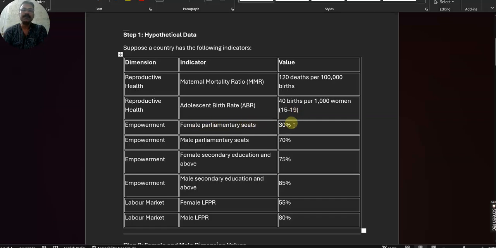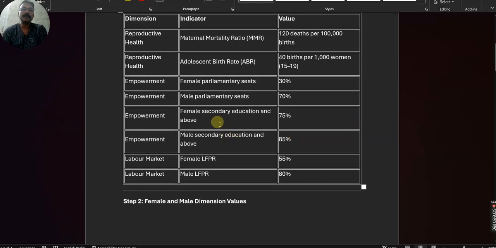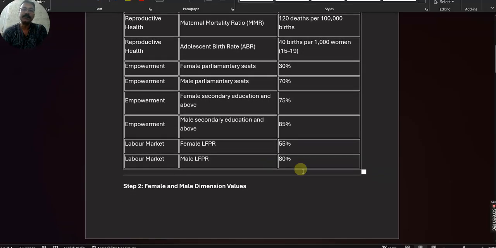Female parliamentary seats 30%, suppose. Male parliamentary seats 70%. Similarly, female education with secondary education and above 75%, male education with secondary education and above 85%. Female labor force participation rate is 55%, and male labor force participation rate is 80%. Suppose the data is showing like this.